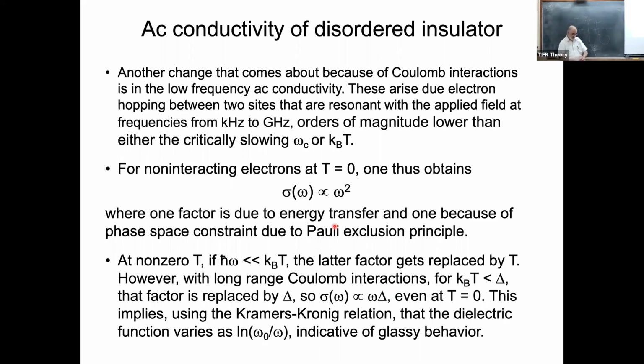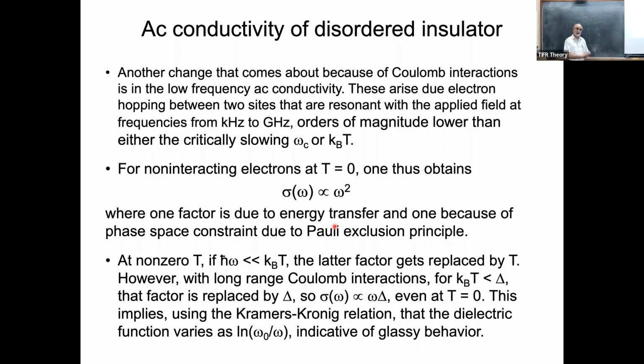So I want to finally end with saying, what does it mean? We saw the DC conductivity changes. How about AC conductivity? And what does it mean for the dielectric constant or dielectric function? This was a problem that people had not really looked at. There was some work by Efros and Shklovskii on this, far away in the insulating phase.